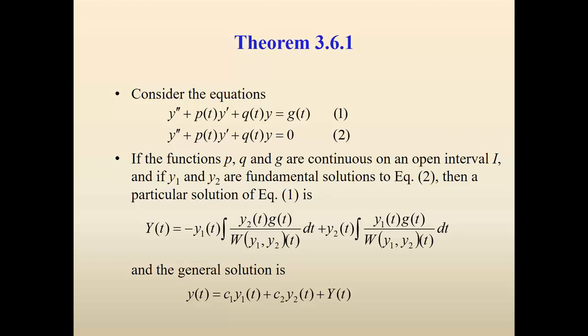I nowhere assumed anything about y1 and y2, p, q, and g, other than y1 and y2 are fundamental solutions, so that means the Wronskian is non-zero, and that p, q, and g are continuous. This will work every single time. The only time that this might get particularly difficult is when these integrals might get a little nasty. So be prepared. But it is doable.